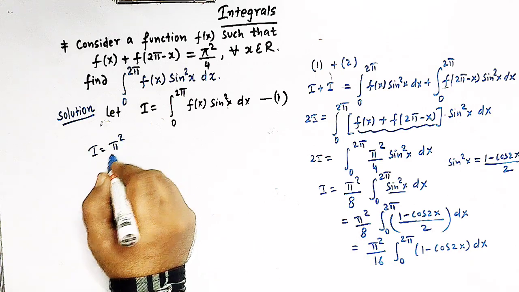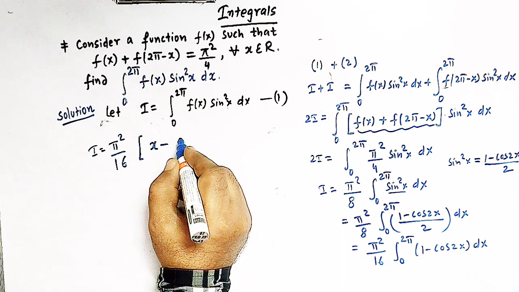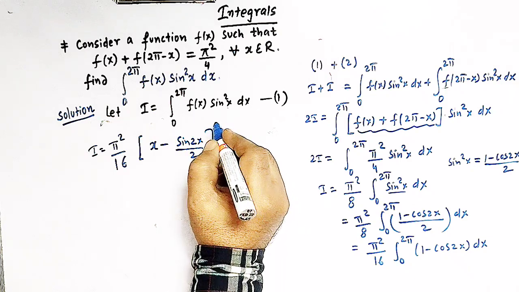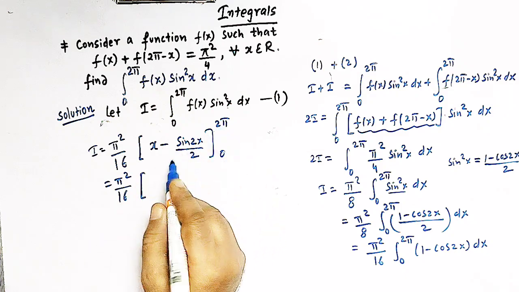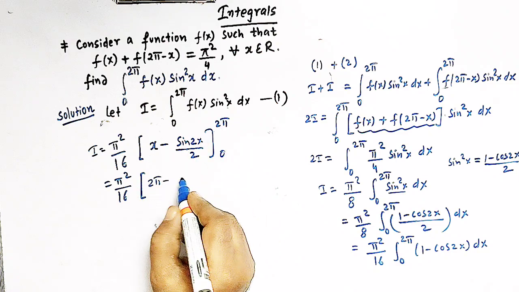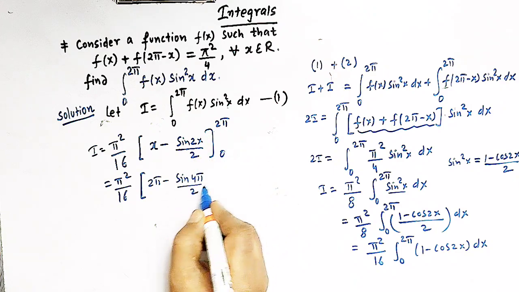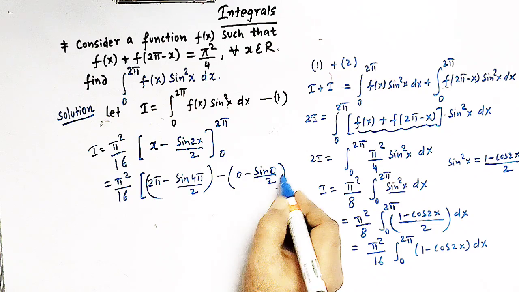So we have pi square over 16, and the integral of dx is x. The integral of cos 2x is sine 2x divided by 2, and the limits are from 0 to 2 pi. Now let us substitute the limits and take the difference. When x is 2 pi, we have 2 pi minus sine 4 pi over 2, and then 0 minus sine 0 over 2.